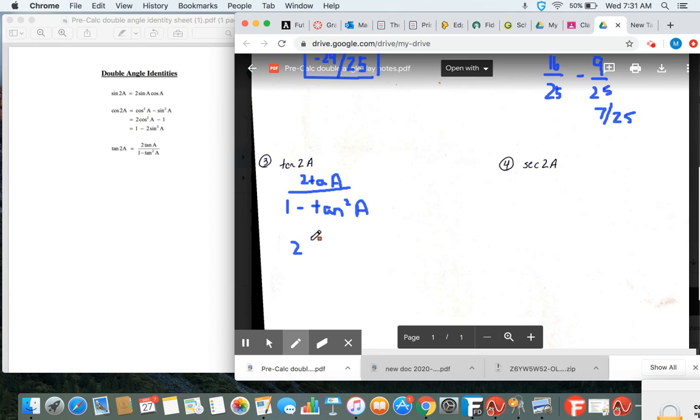So 2 times negative 3/4, over 1 minus the same tangent, so 3 over negative 4, squared.